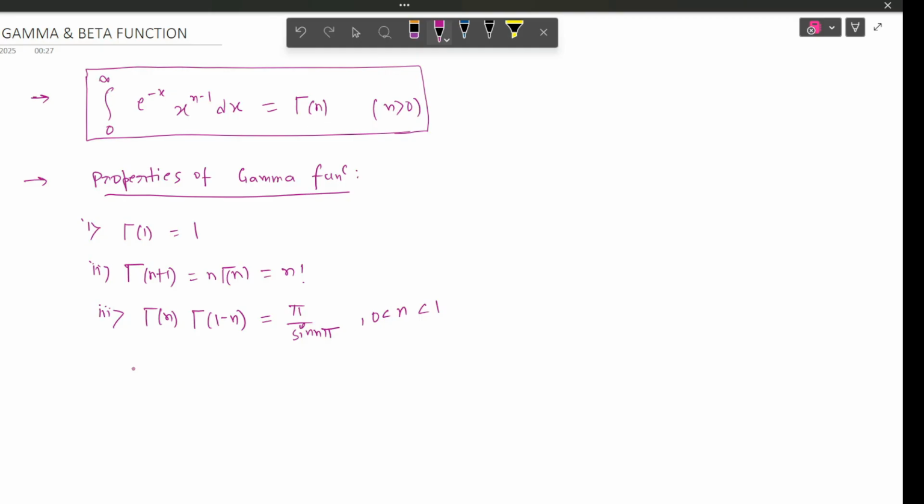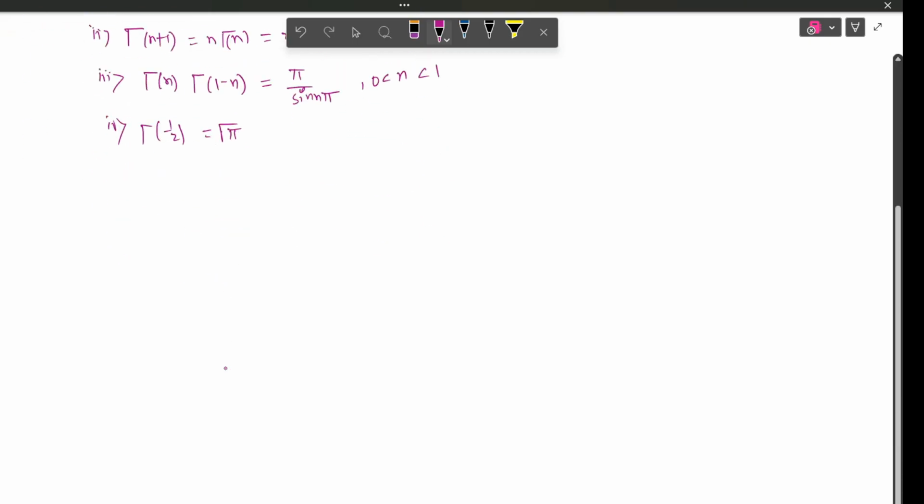Now our next formula, number 4, is gamma of half is root pi. Now see, let us evaluate some questions.